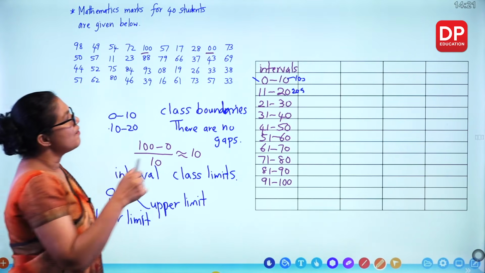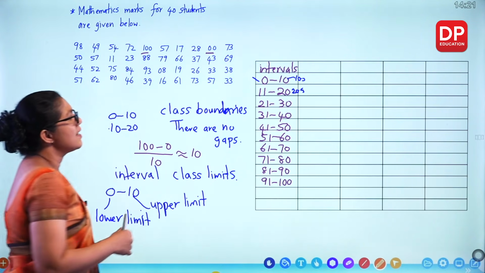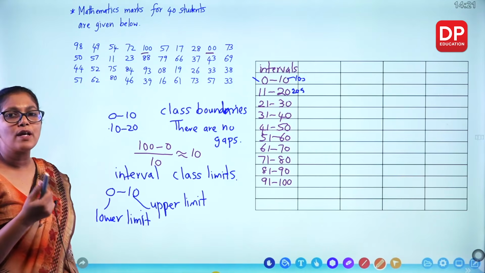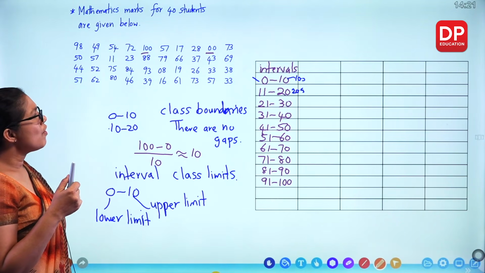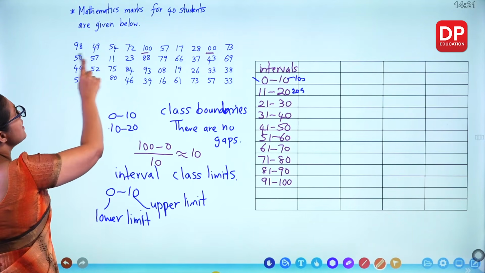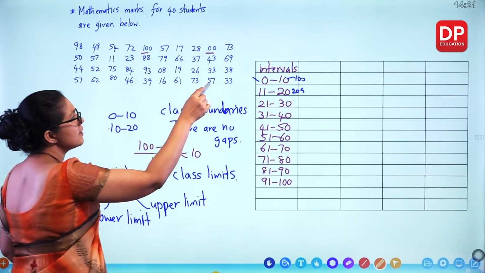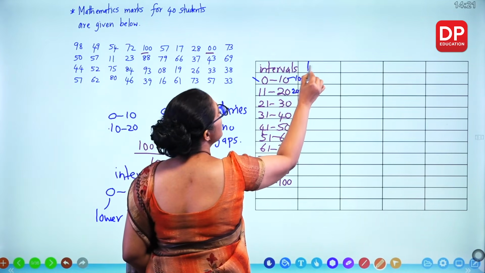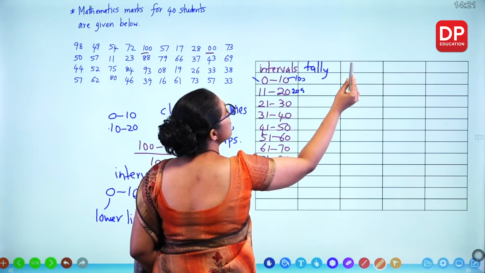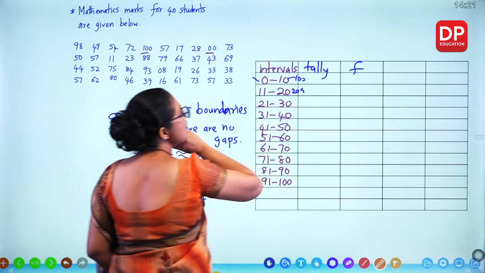Now we have intervals. How do we decide the frequency? Like before, read the numbers, put the tally mark and count how many numbers are there. We call that frequency.